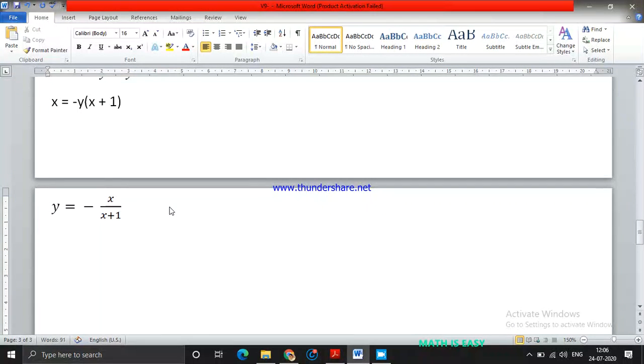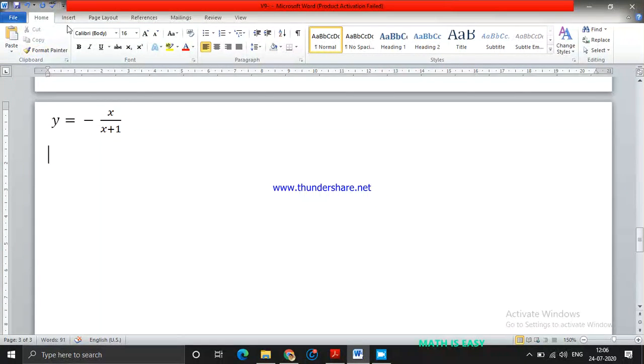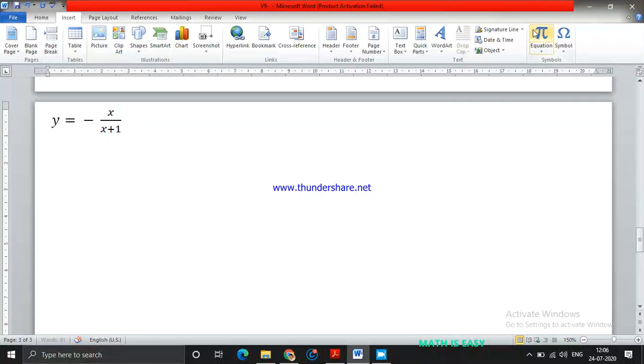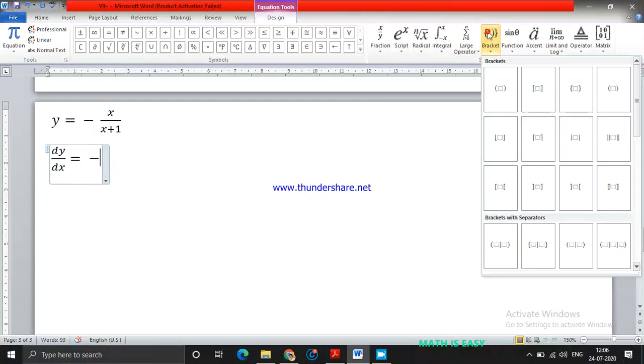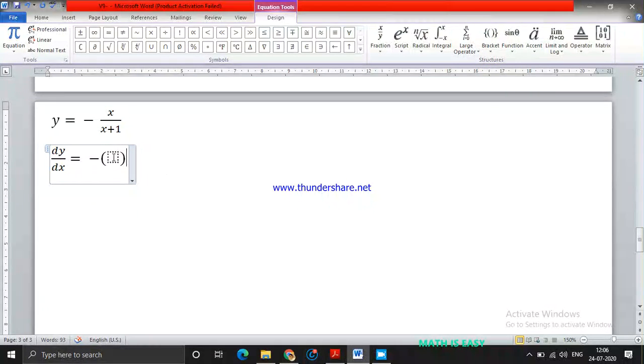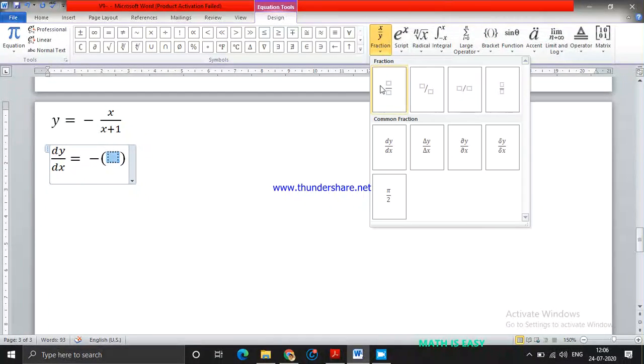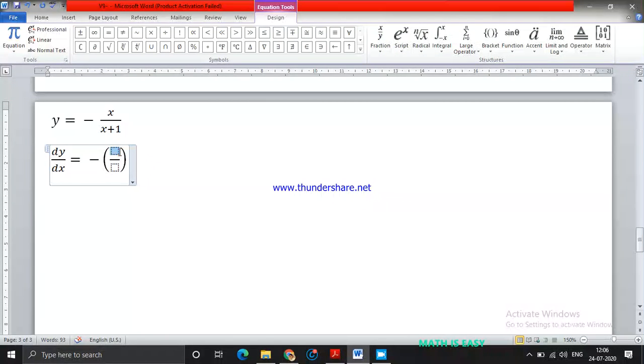So this is what I do so that I can get my answer exactly. Now do the differentiation on both the sides. So you'll get dy by dx is equals to, now you have minus, u by v formula is there. So if I apply the u by v formula, what do you get? First, u by v means v derivative of u.